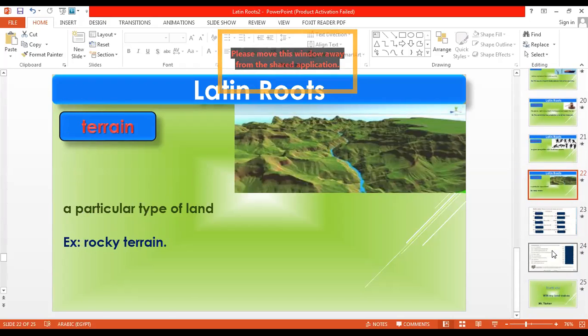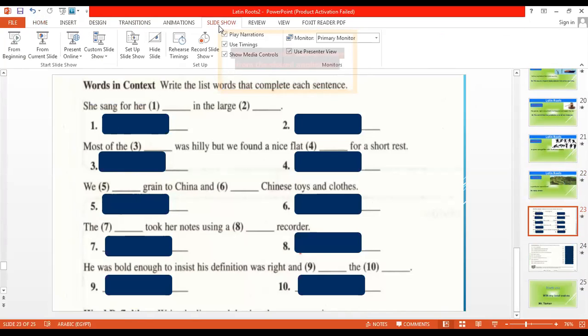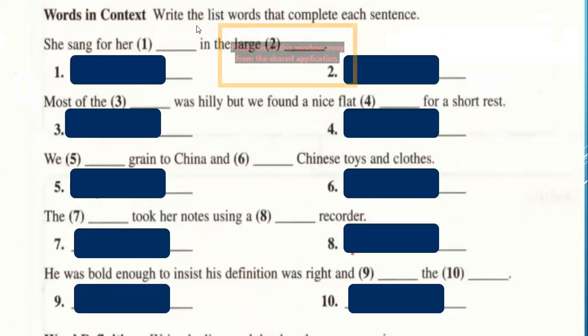Now go to page 411. Sir, I don't understand only two words. Can I say them? Yes. The first word is auditorium.